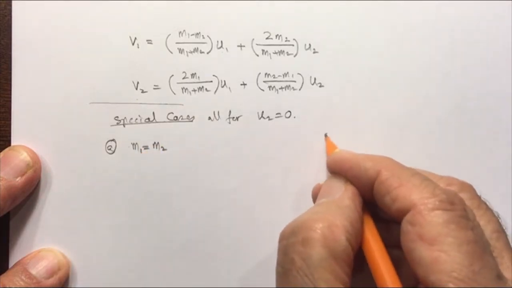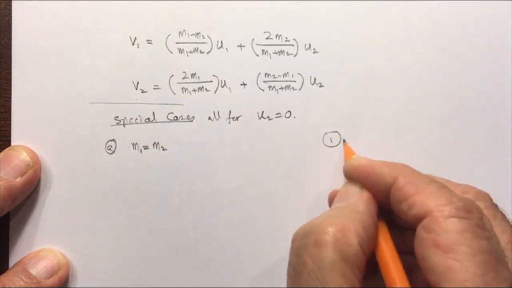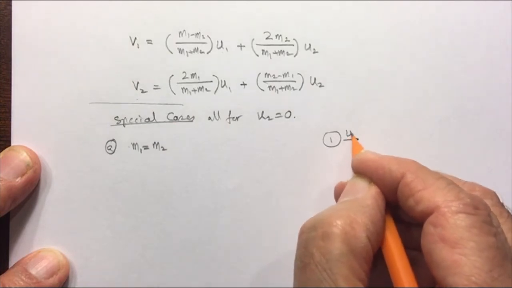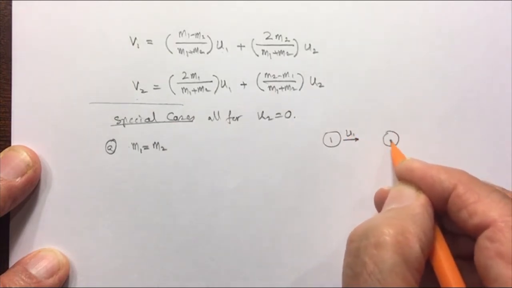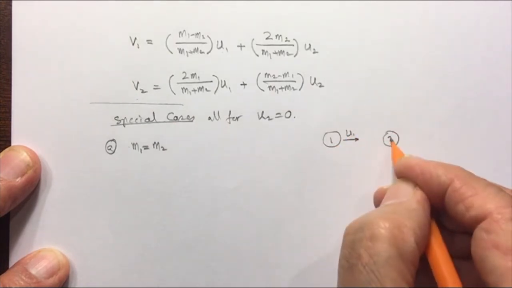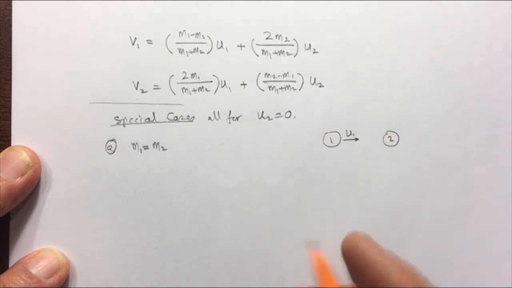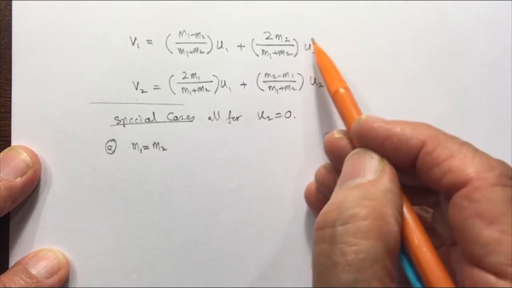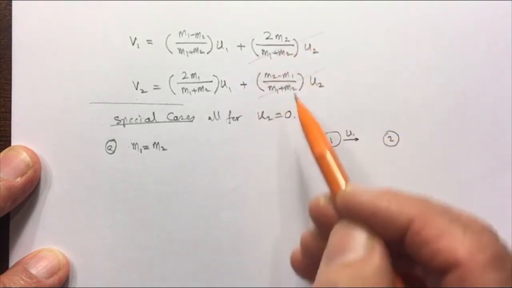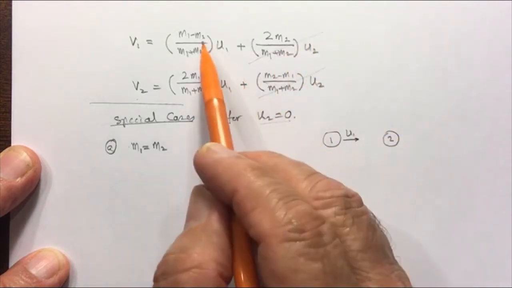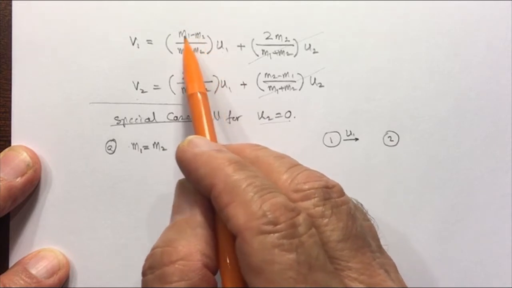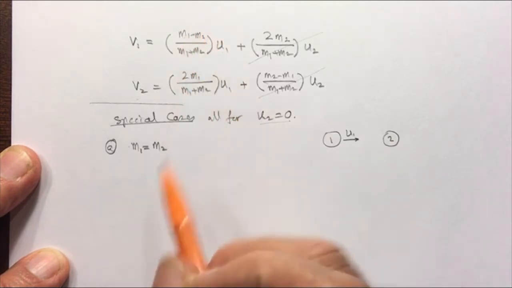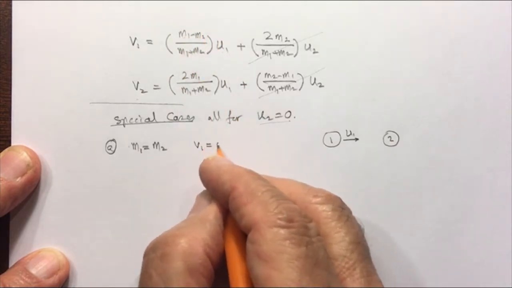So you have m1 moving with the speed u1 hitting an object 2 of the same mass which is stationary. What happens after the collision? Well, these two terms are already zeroed because of this condition. If m1 equals m2, this becomes 0 and v1 becomes 0.